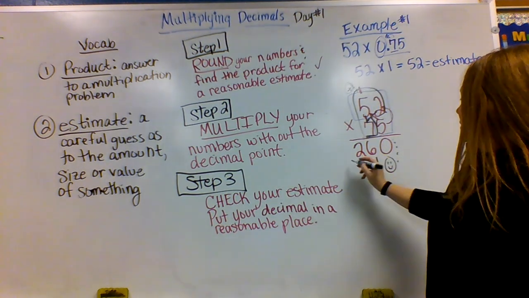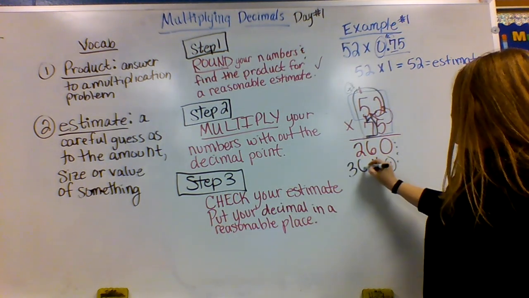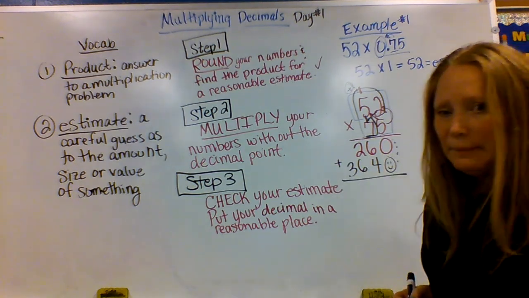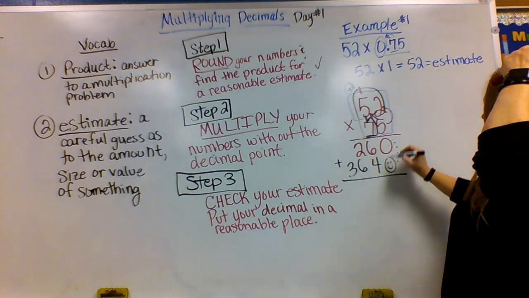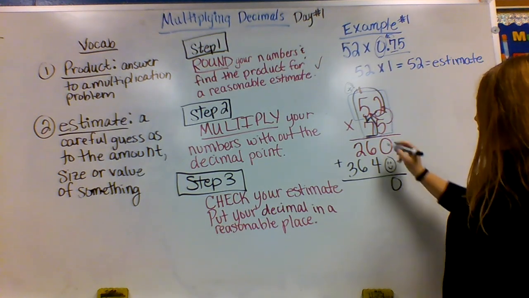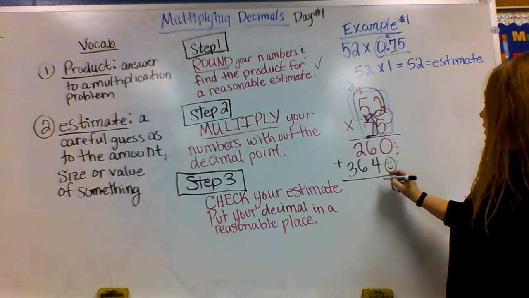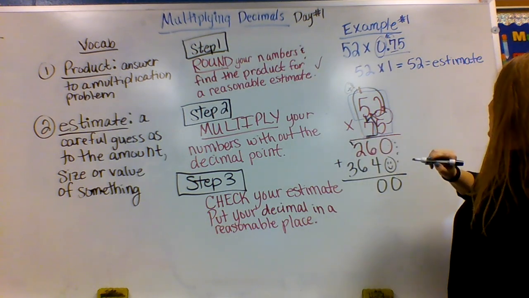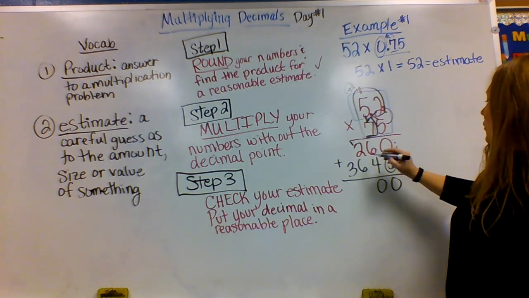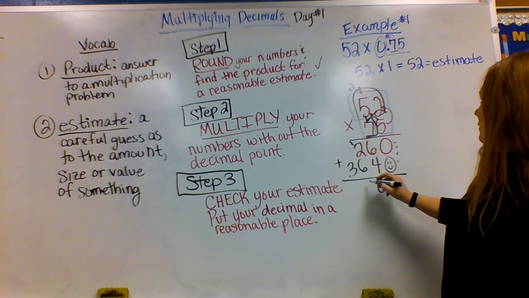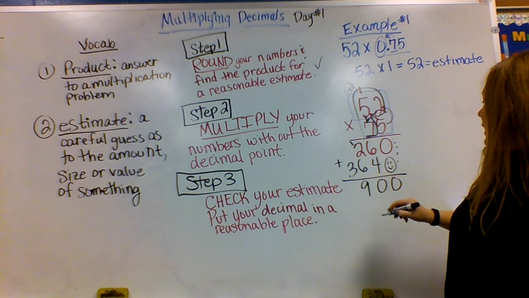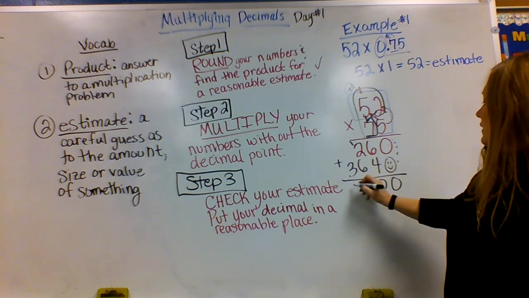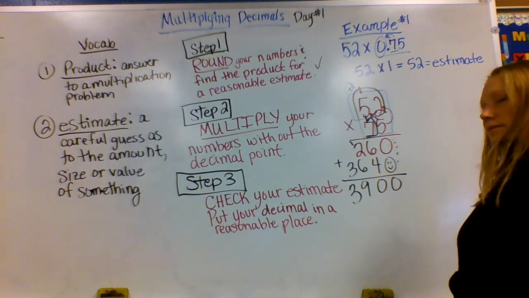Plus 1 is 36. Okay? When you add those two up, you get 0 plus 0 is 0. 6 plus 4 is 10. Carry the 1. 1 plus 2 is 3. 3 plus 6 is 9. And 9 is for that spot. And then we have 3 plus nothing. So that's 3.